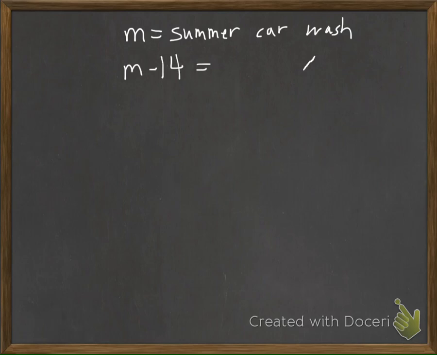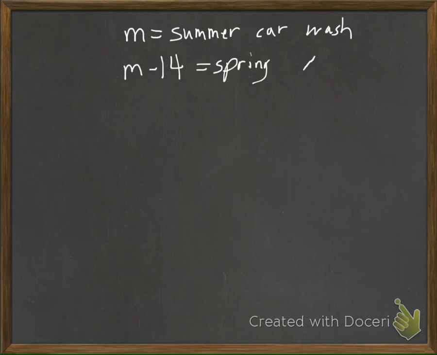It says, the spring car wash, they washed 14 fewer than during the summer. So I'm going to start with my variable being the summer car wash. So if I let M be the summer car wash, then the spring car wash is going to be M minus 14, right? Because it said we washed 14 fewer during the spring than during the summer, right?